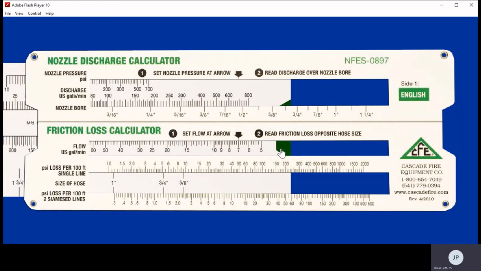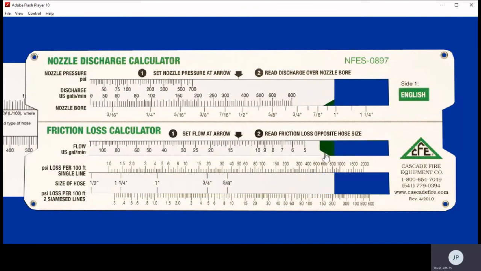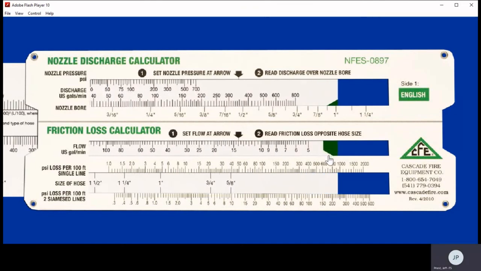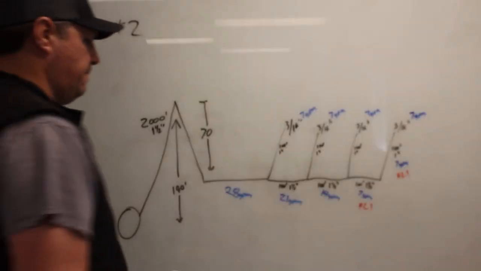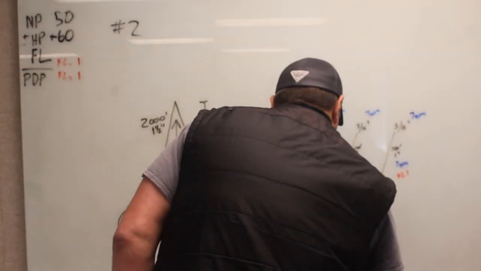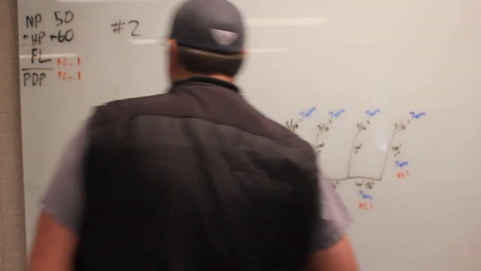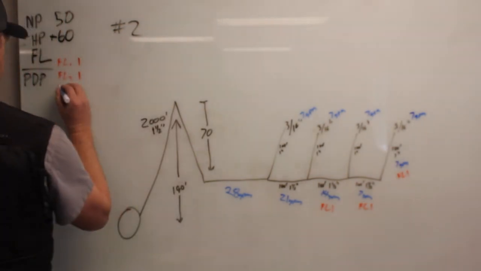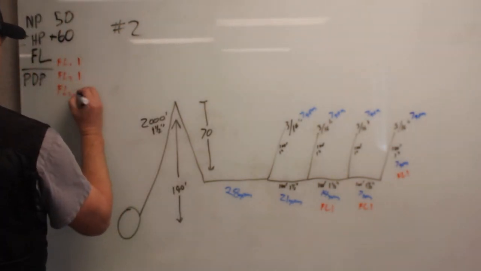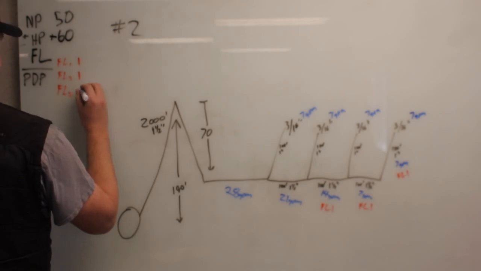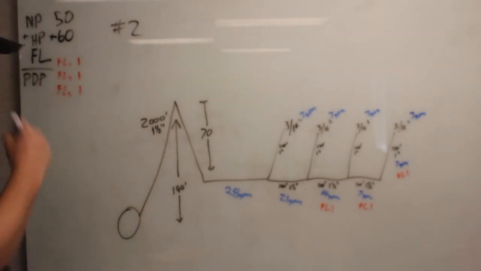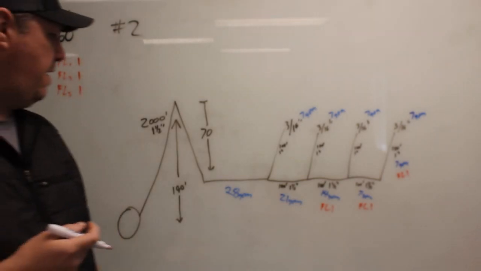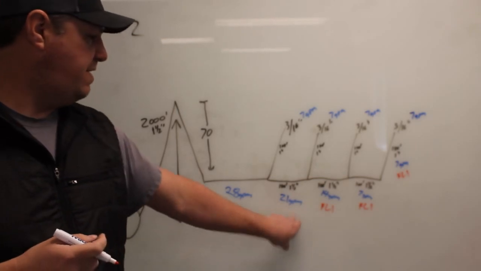That one is also less than 1, but it's pretty close to 1. Up here, I'll make myself another little spot for friction loss, and it's another 1.